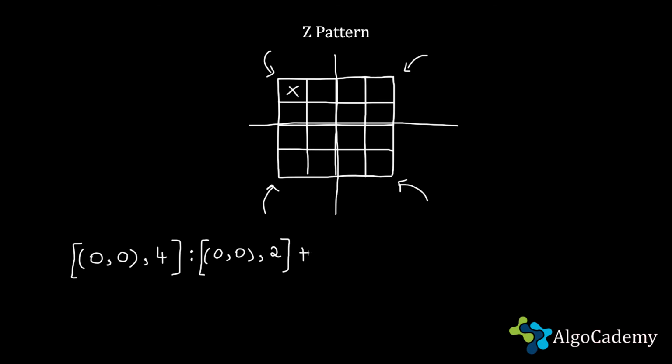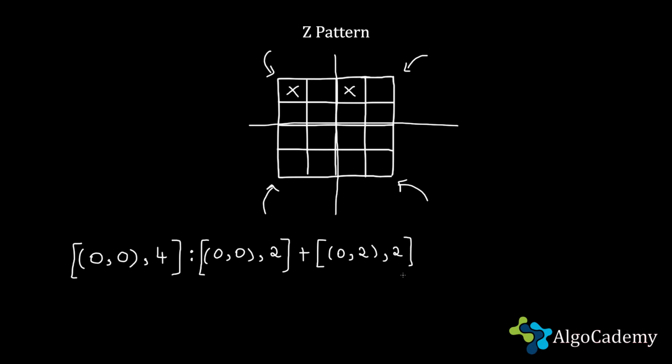Now, after solving this subproblem and basically having the first quadrant filled with numbers, we are going to need to move to the second quadrant and fill it with numbers. This quadrant is identified by its upper left corner, which is here on row 0 and column 2. So 0, 2, and of course has a length of also 2.